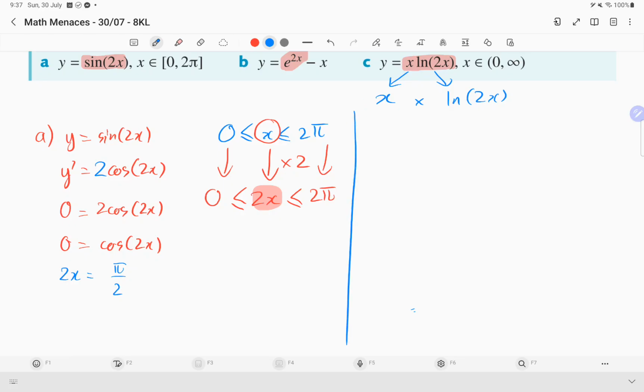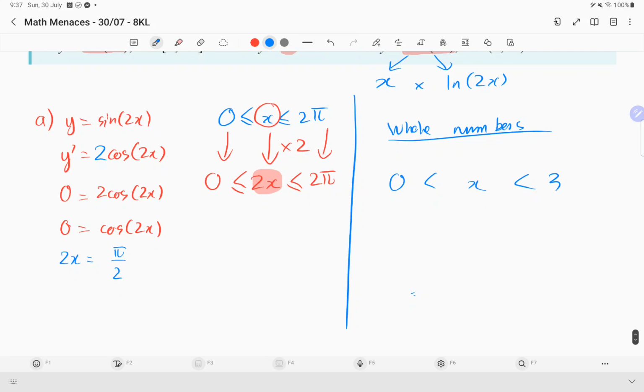Okay, good point. Let me go through this domain thing. Let's consider whole numbers, and let's say that x must be between 0 and 3. What are the values of x here? Whole numbers between 0 and 3 would be 1 and 2, right?